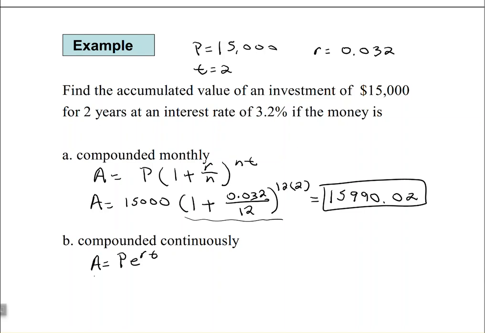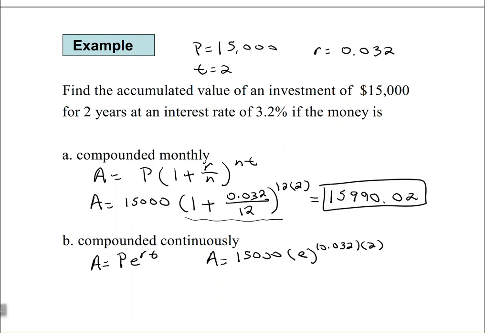Using the same information, the principal is 15,000, the rate is 0.032, and the time is 2 years.